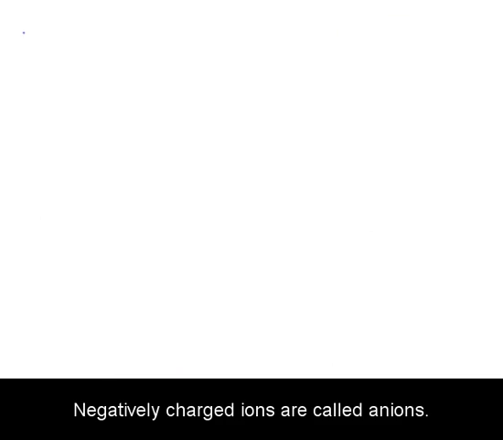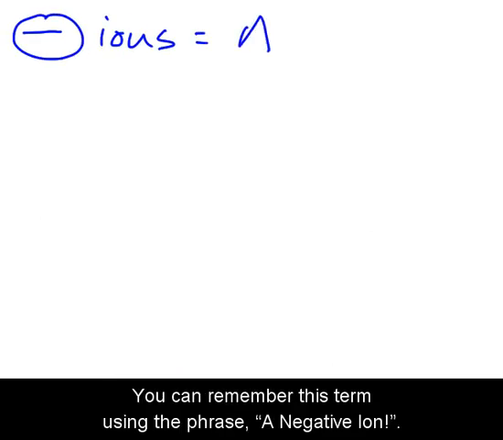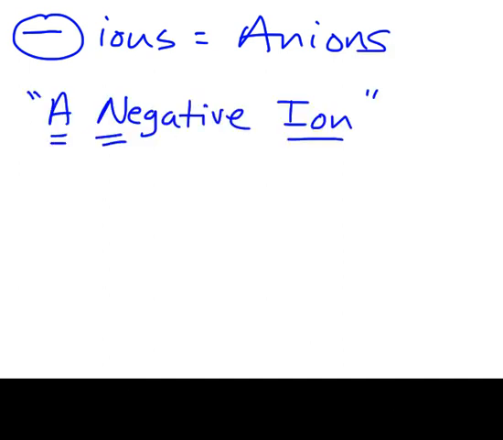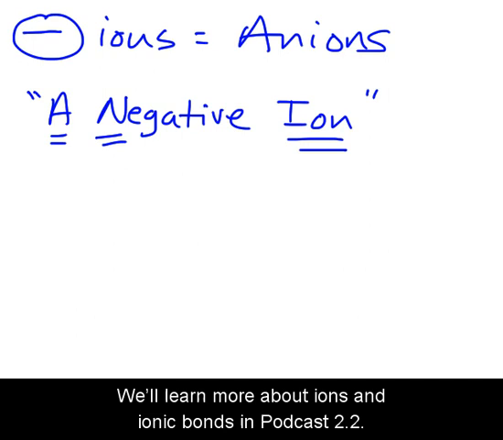Negatively charged ions are called anions. You can remember this term using the phrase a negative ion. We'll learn more about ions and ionic bonds in Podcast 2.2.